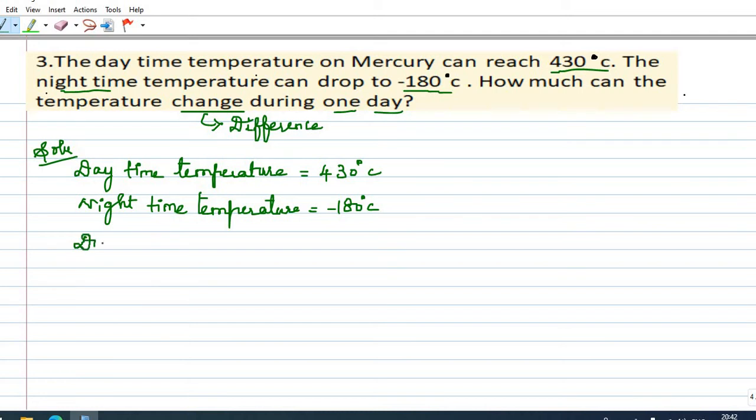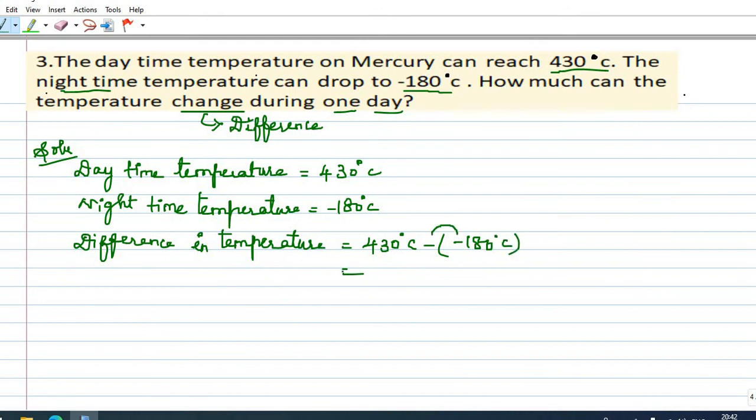Now I am going to find out the difference in temperature. Write the first number. Difference means minus symbol. And write the second number. See, listen, children, minus into minus becomes what? Plus. So, 430 plus 180.